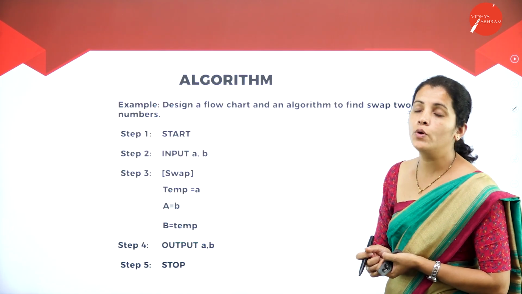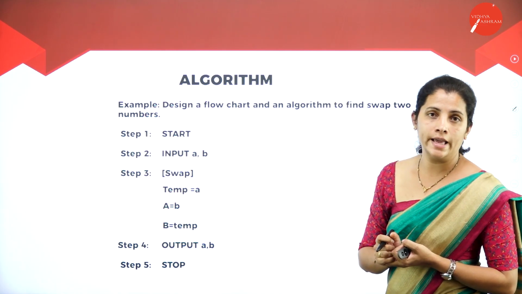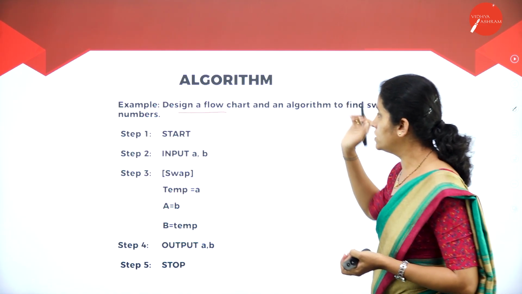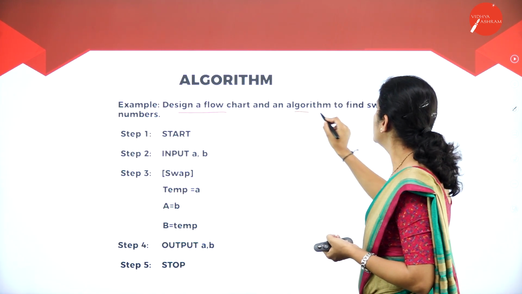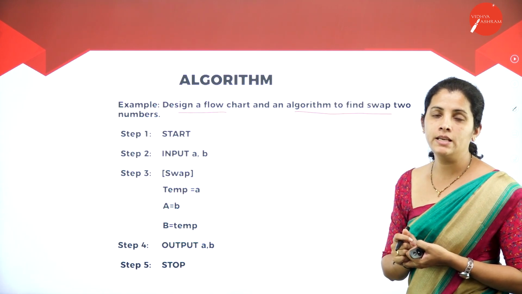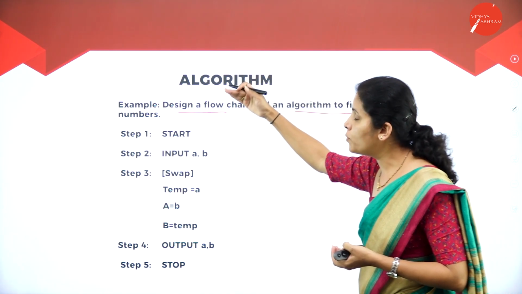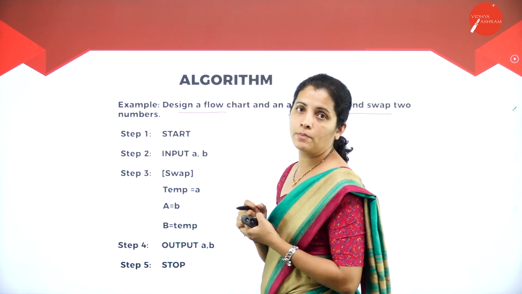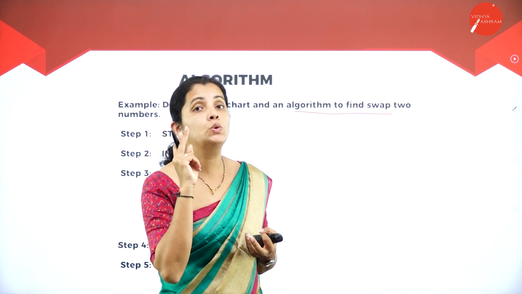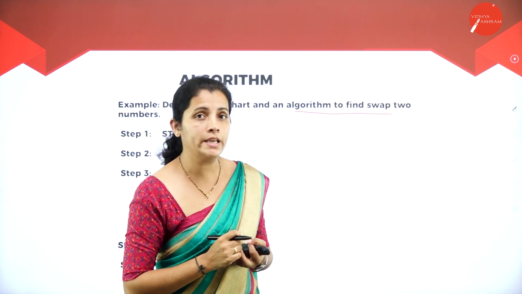Moving further, I'm going to have another example: design a flowchart and an algorithm to swap two numbers. That means according to my problem, what is the problem here? I'm going to have two numbers and I want to swap these numbers with each other.